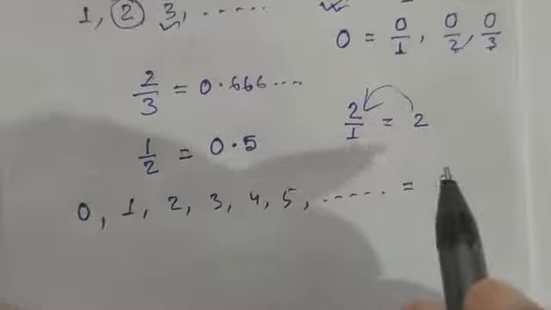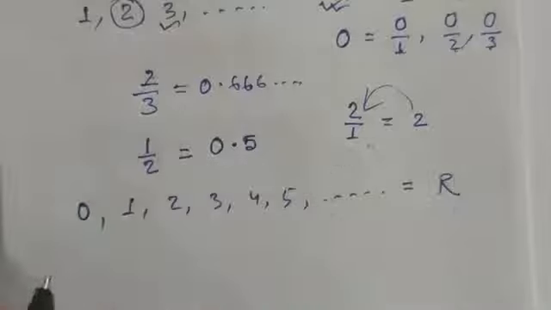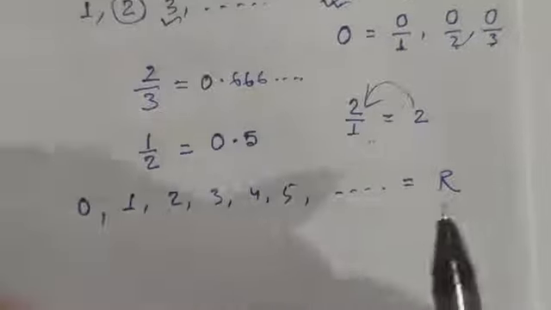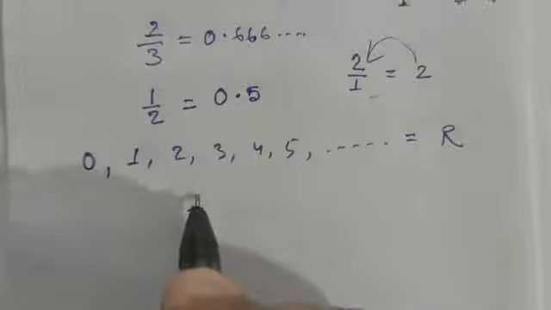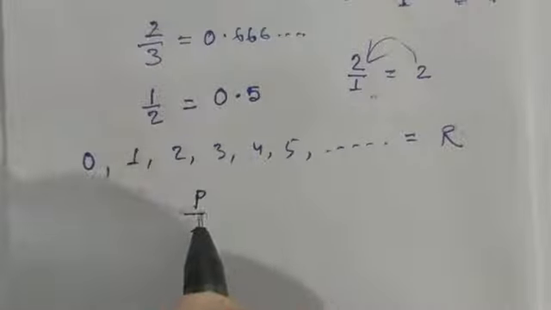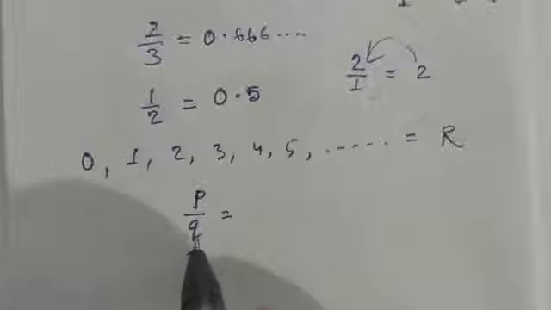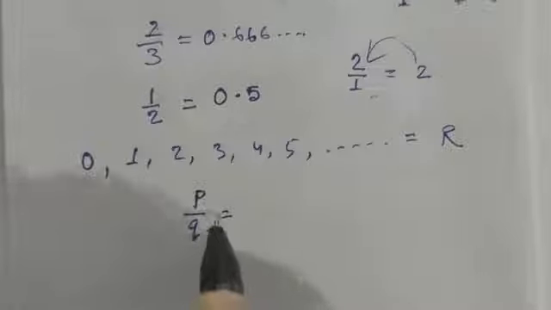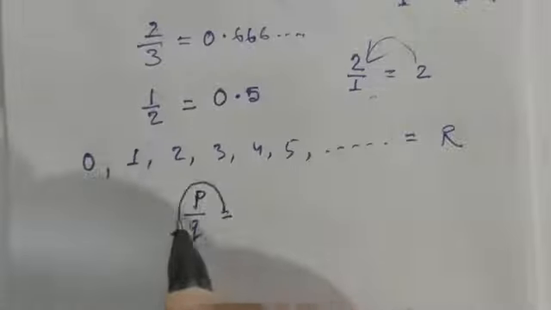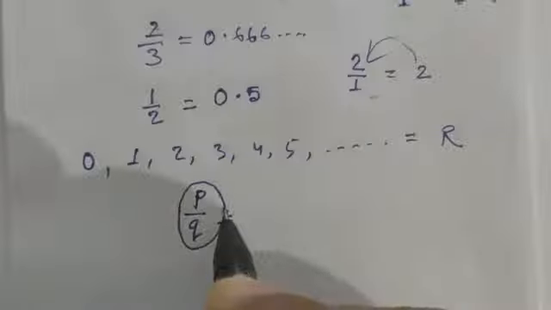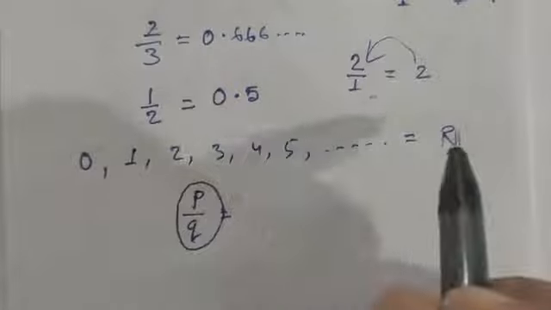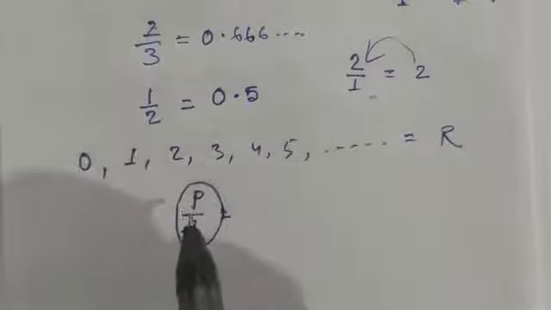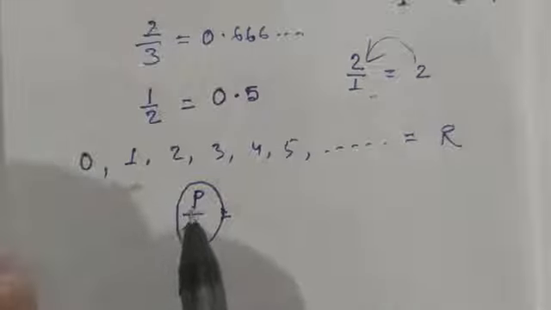All the rational numbers are not necessarily whole numbers, because to be a rational number, the condition that must be satisfied is whether the number is expressed in the form p by q, where q is a non-zero quantity. If any quantity is expressed in the form p by q, then it can be a rational number, but it is not necessarily a whole number.